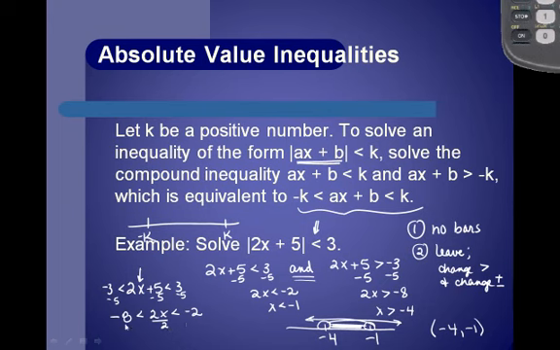Now we're going to divide the middle piece by 2, which means we have to divide all the pieces by 2, so we get negative 4 is less than x is less than negative 1, which is exactly what we've got shaded, all x values between negative 4 and negative 1.